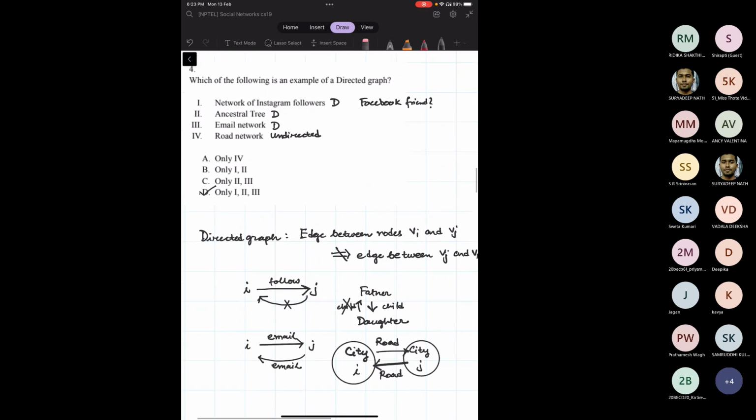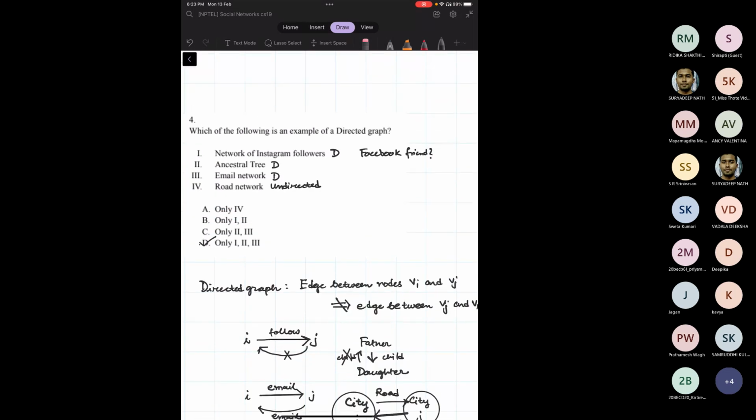So in such cases, this road network is undirected. So for this example, the right answers are 1, 2, 3.